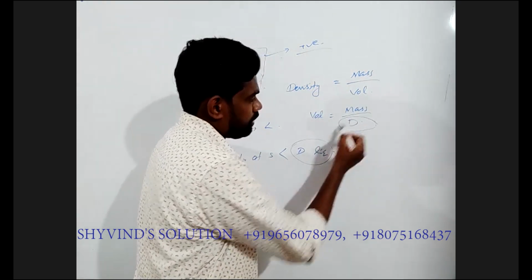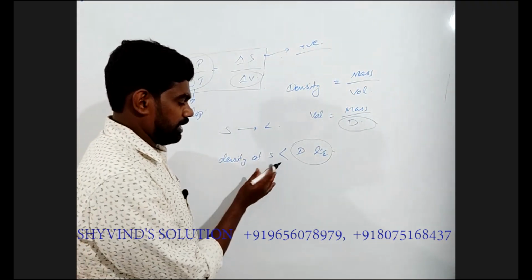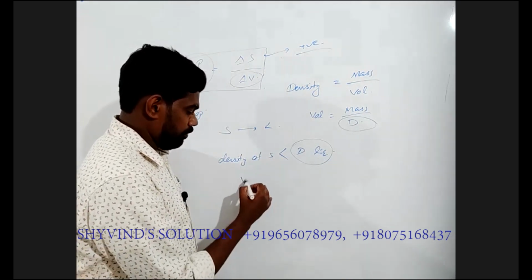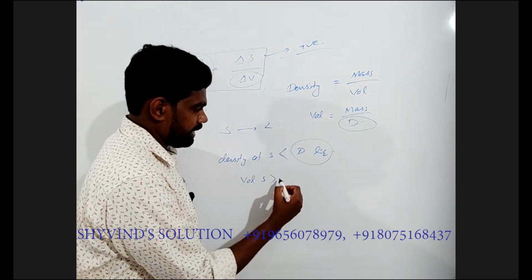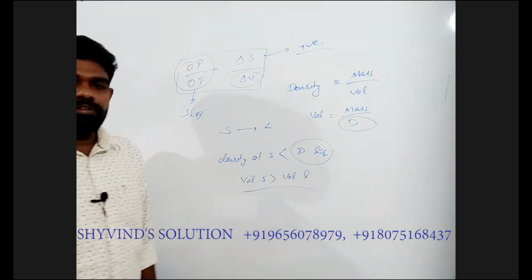So volume and density are inversely proportional. So if density of solid is less than that of the liquid, what about the volume? Volume of solid is greater than that of liquid. That is the information given to us.